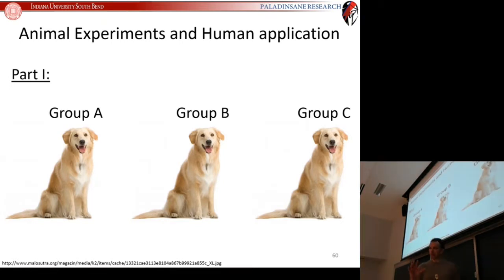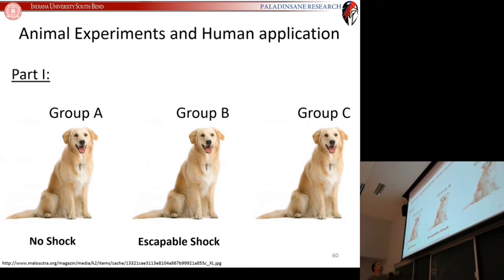He controlled whether the dogs received shock. Dogs in group A would receive no shock when put into the room. Dogs in group B would receive escapable shock.